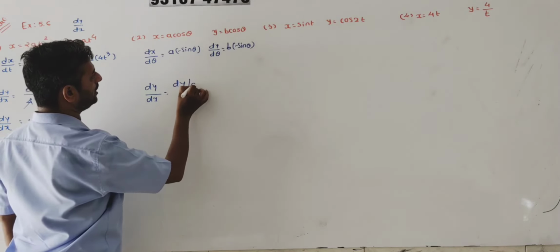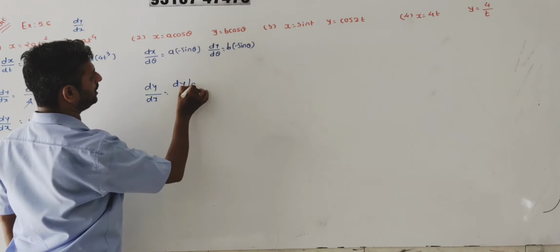So dx by d theta is equal to a sec theta tan theta and dy by d theta is equal to what? b sec square theta. So dy by dx is equal to b sec square theta upon a sec theta tan theta.